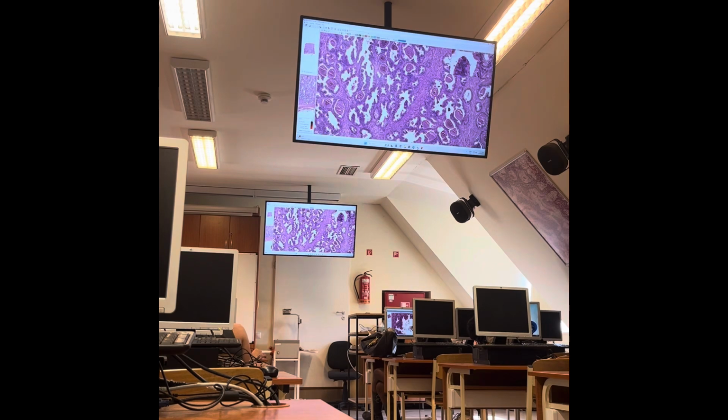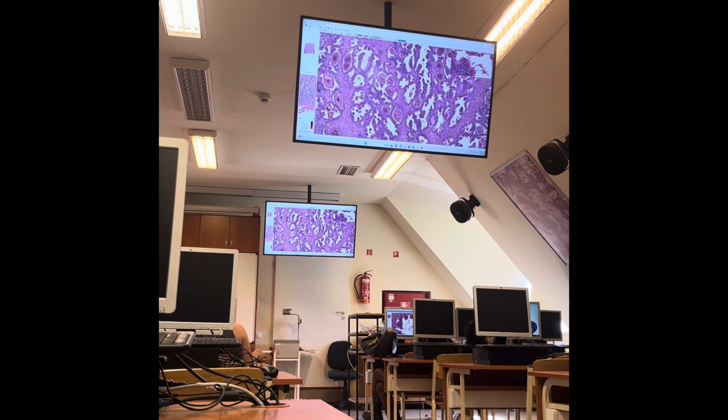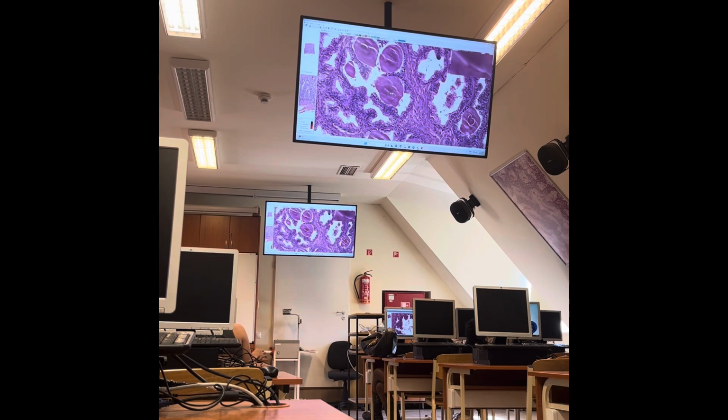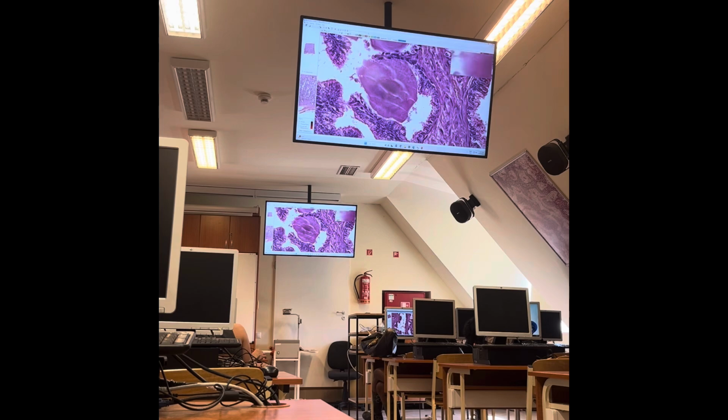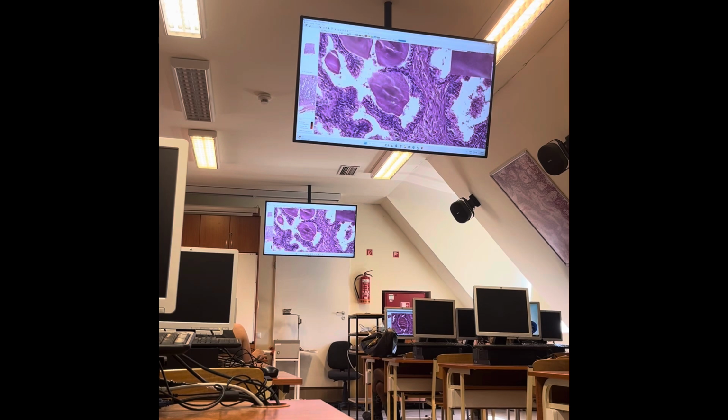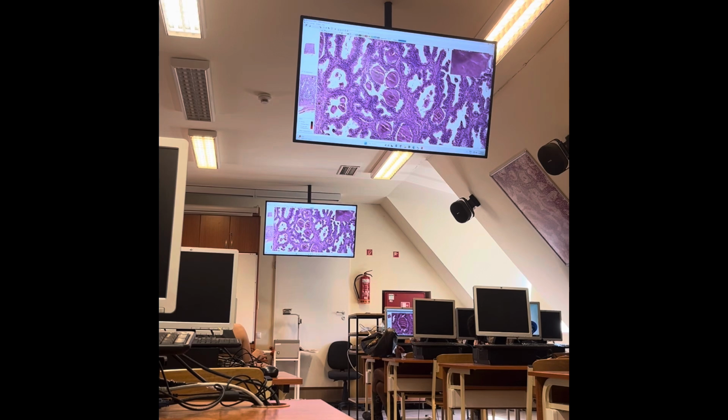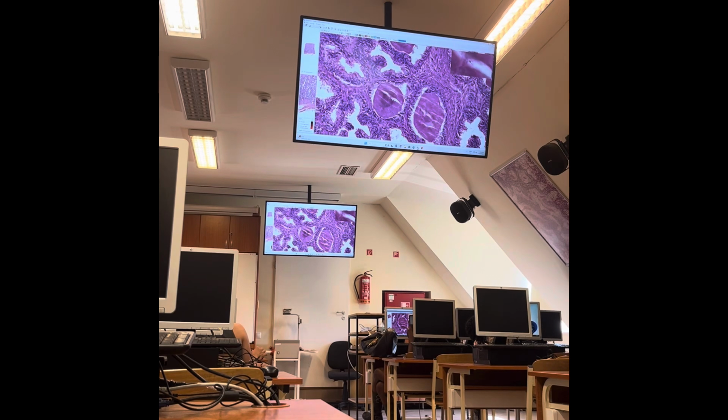So it's an apocrine-like secretion, and that is the morphological basis of this kind of secretion. Okay, so these are the regular tubular glands. And in some of these glands, you can identify these rounded or sometimes oval-shaped structures. These are concretions produced by the precipitation of the secretions of the prostate, also called corpora amylacea.